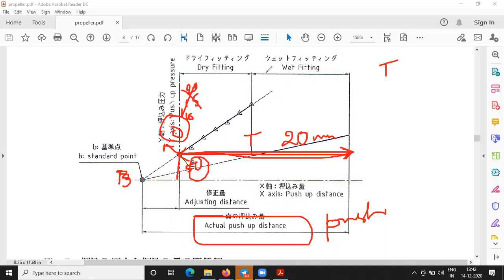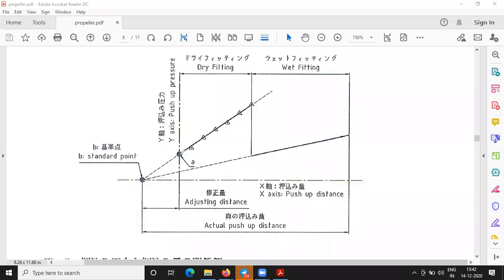Sir, when we initially applied 50 bar pressure, that time does the propeller move or not? I'm not asking whether we set it on 0 or not. Of course it moves, yeah. Okay, you have given 50 bar. So to move 1 mm, how much do you have to give? 100.5. Yes or no? Yes, sir.